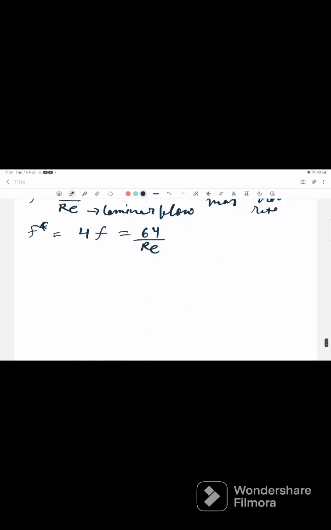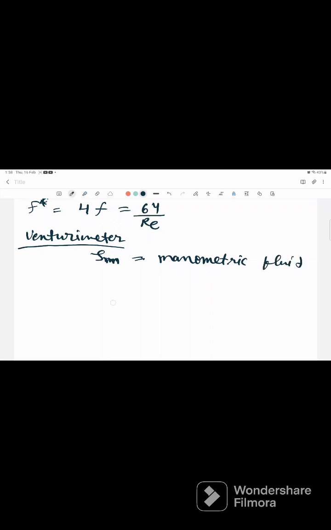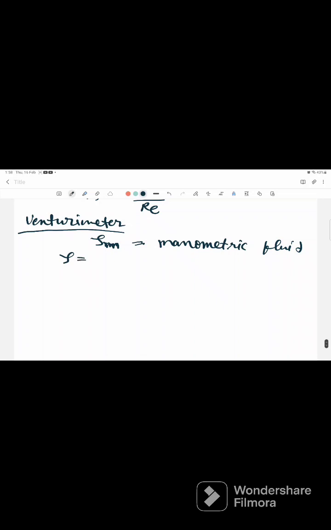Now we see the Venturi meter, a device for fluid mechanics. Venturi meter with manometric fluid rho.